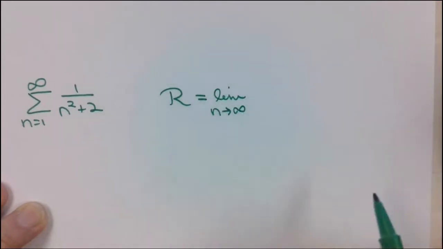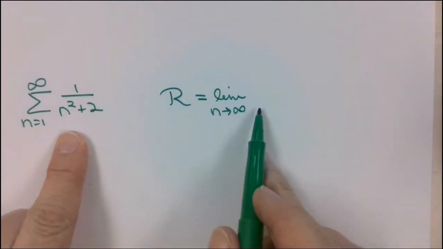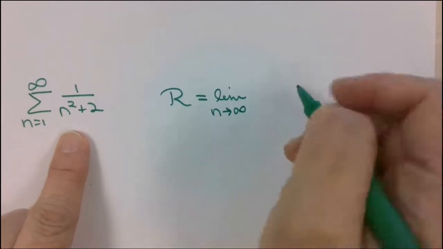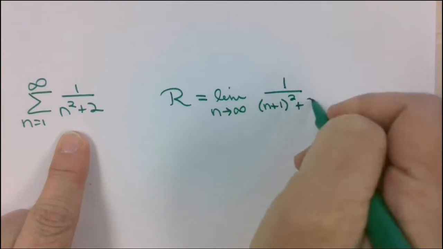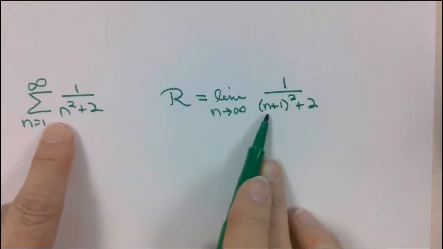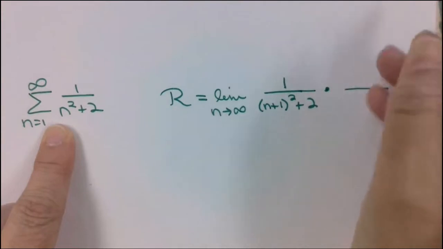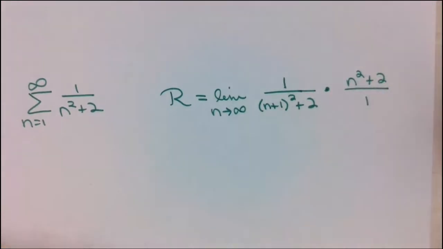Limit as n goes to infinity of the, and this time I'm going to go straight to multiplying by the reciprocal. I'm going to start with the n plus 1 term, 1 over n plus 1 squared plus 2. So I just changed my n to n plus 1. I'm going to multiply by the reciprocal of the nth term, n squared plus 2 over 1.